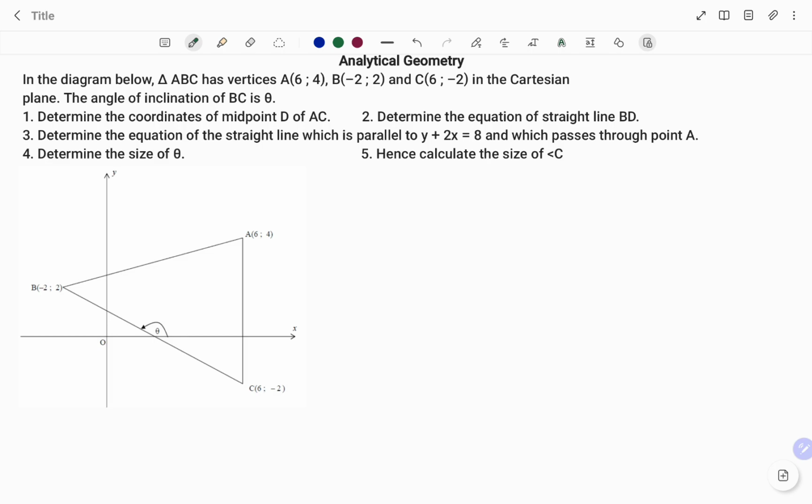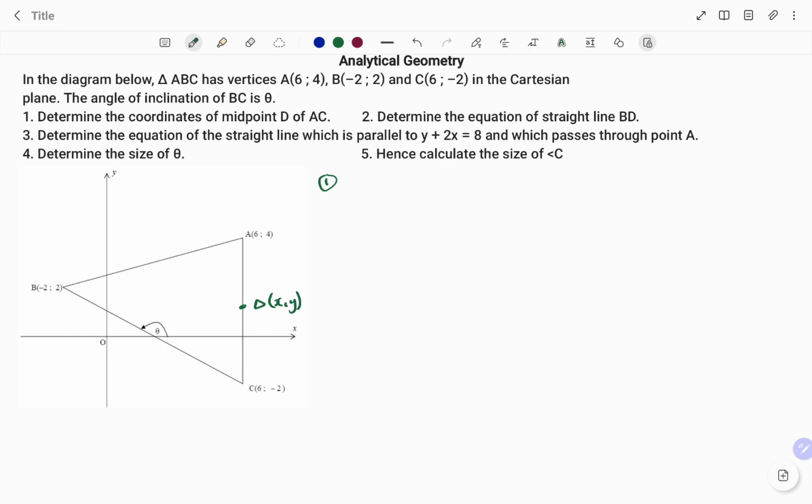Starting with the first part of the question, I have 1. Determine the coordinates of the midpoint D of AC. The midpoint, I'm going to put that as, I'm looking for the point D, (x, y).